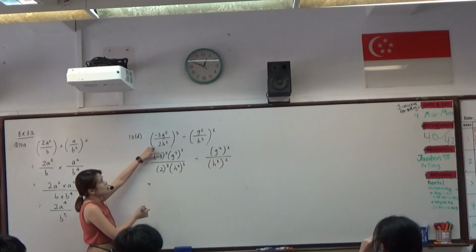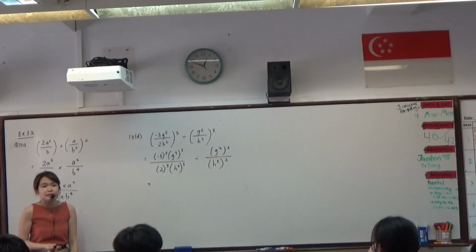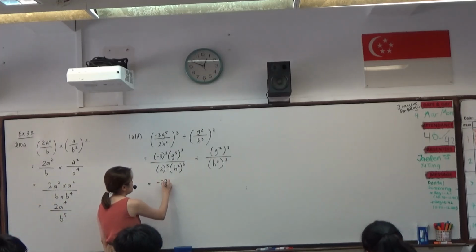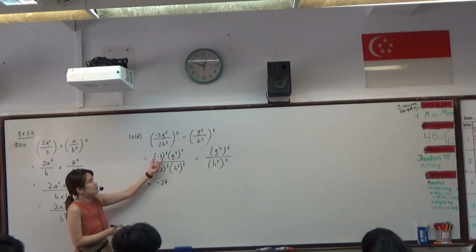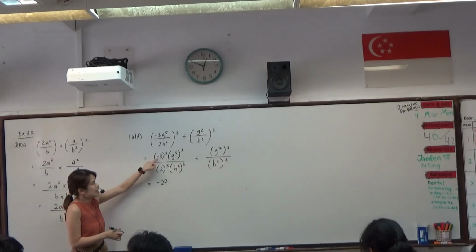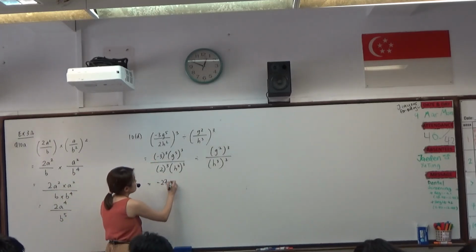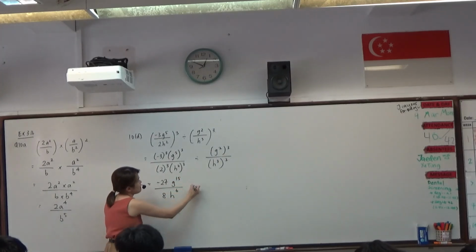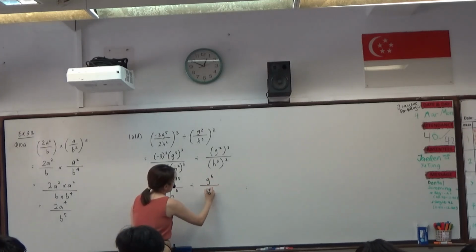Then negative 3 to the power of 3, you can press that in the calculator, that will give us negative 27, making sure that there are brackets around the negative with the negative sign inside. Then g to the power of 15, 8, and then h to the power of 6, divided by g to the power of 6 and h to the power of 9.